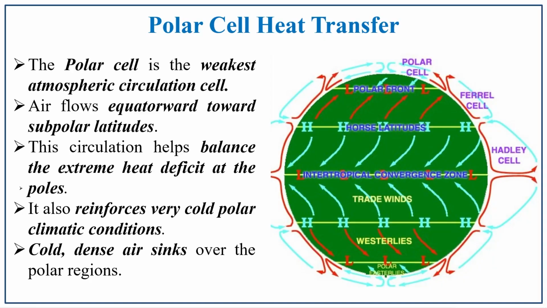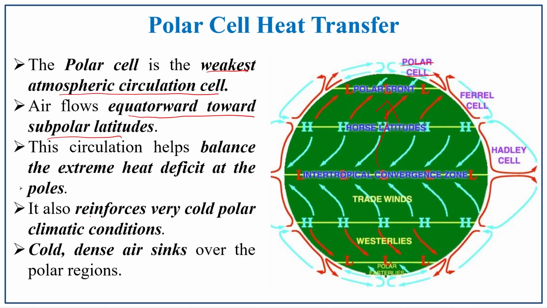The next one is the polar cell. The topmost, the polar region, is the weakest atmospheric circulation cell. Air flows equatorward towards the subpolar latitudes. So, the air is flowing from the pole towards the subpolar latitudes.